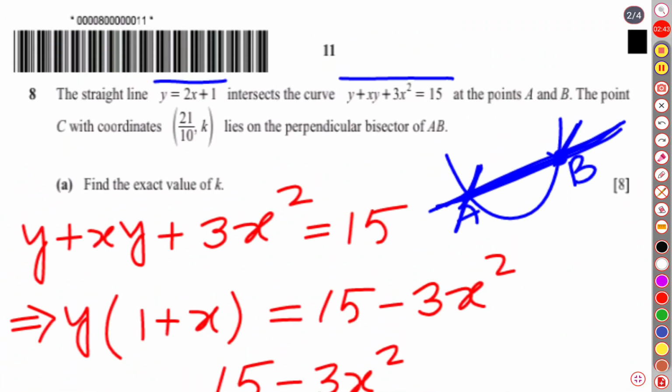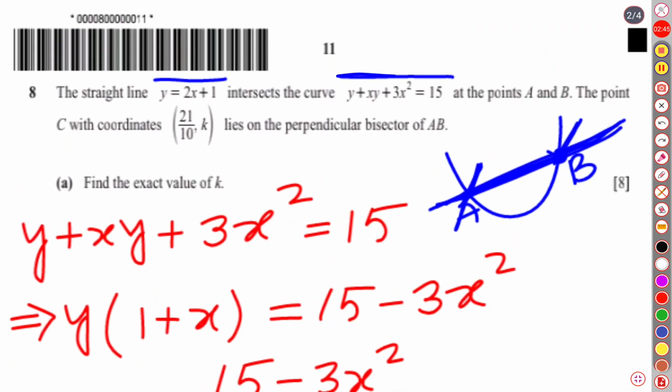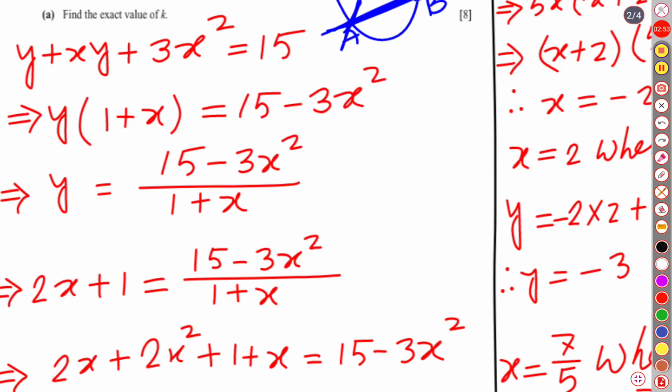So the equation of the curve is y plus xy plus 3x squared is equal to 15. Then we can take y common from the first two quantities. If we take y common, there remains 1 plus x, and 3x squared has been transposed to the right side.